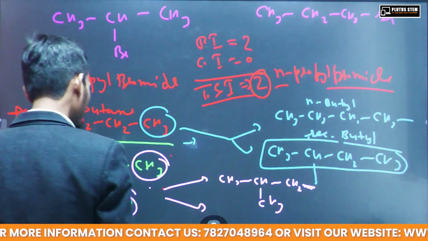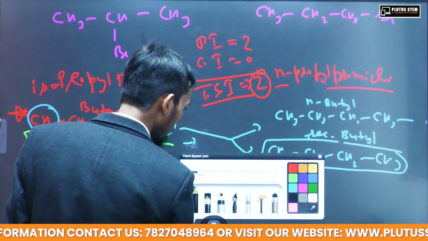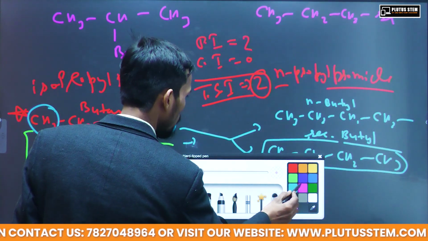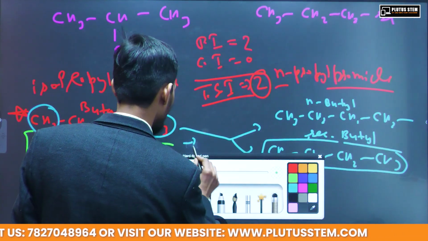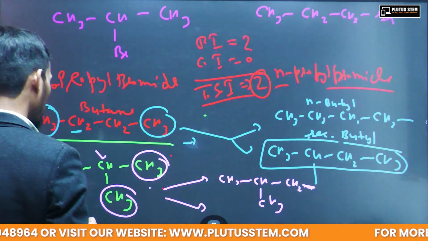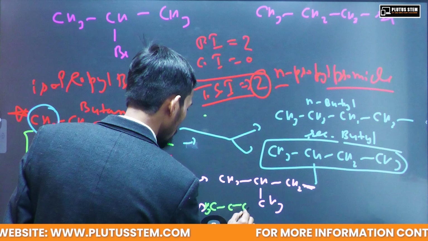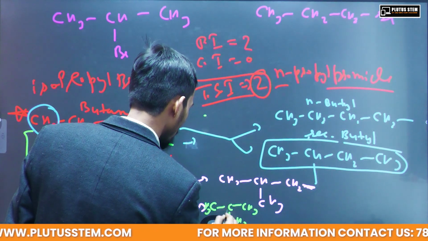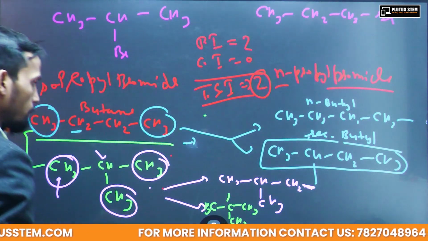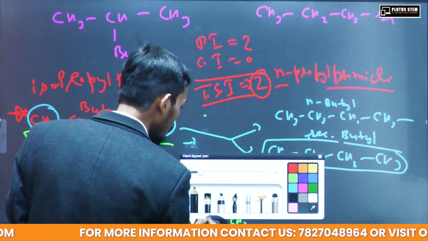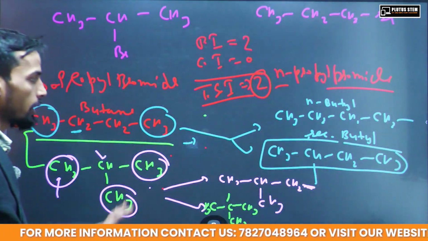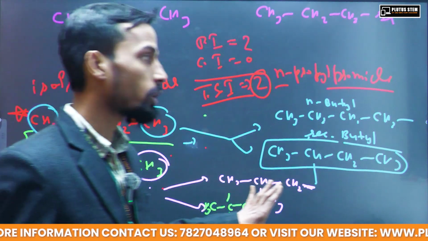This compound and another compound, this one, if you see regarding this, this will be having now CH3, CH3, CH3 and this one, tertiary butyl. So these are the 4 possibilities we are seeing. 4 alkyl substituents we can see.